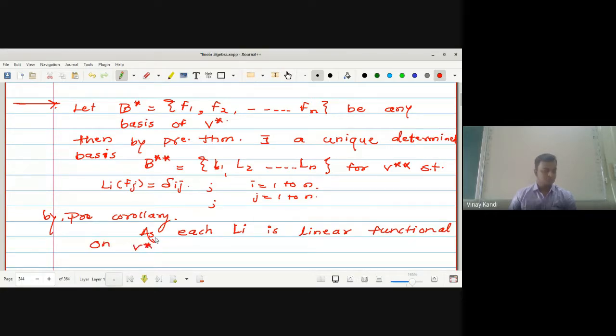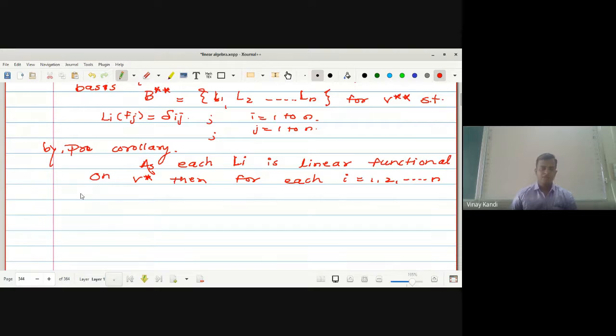Then for each i running from 1 to n, there exists a unique vector. For L1 there exists a unique vector alpha 1, for L2 there exists a unique vector alpha 2. So in general, for each Li there exists a unique vector alpha i.